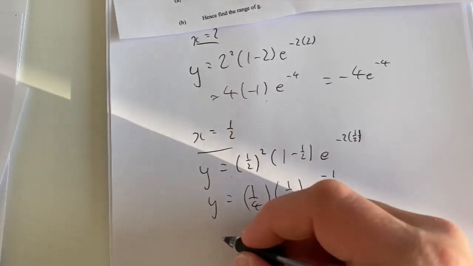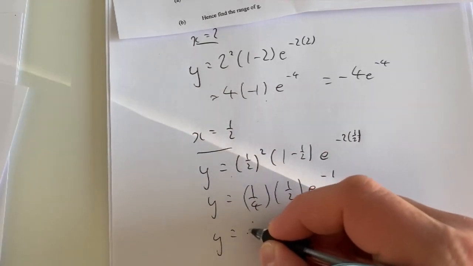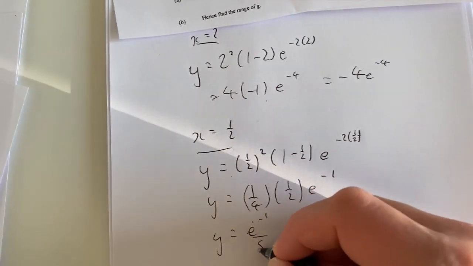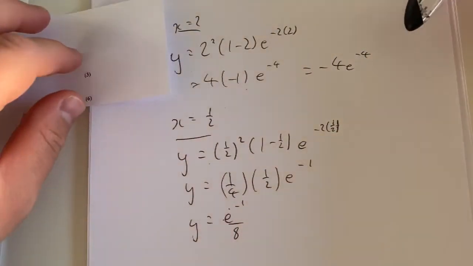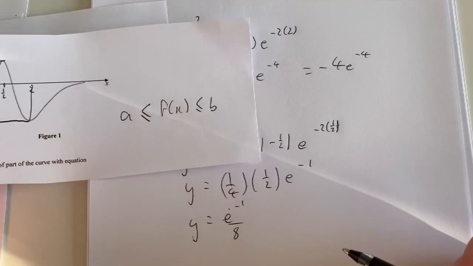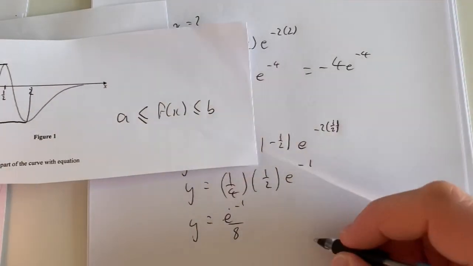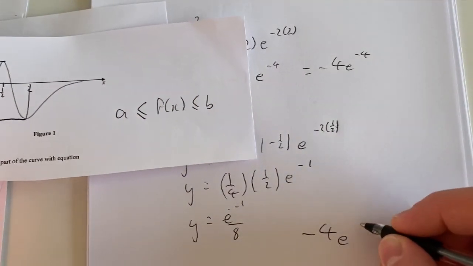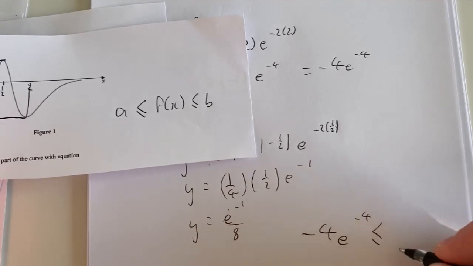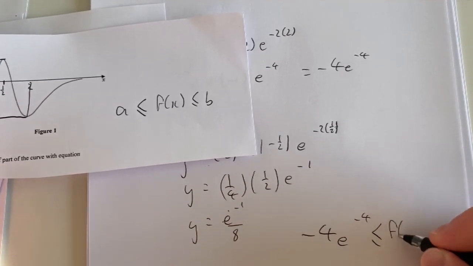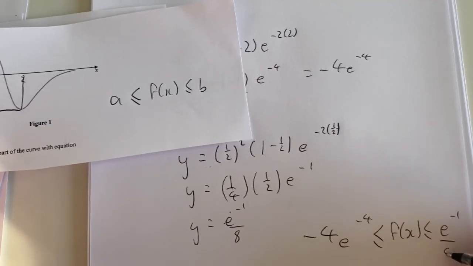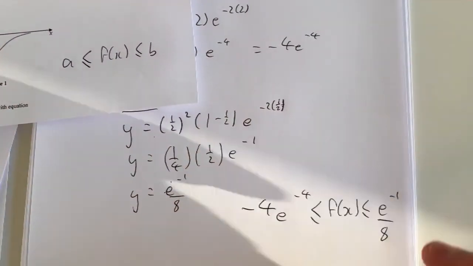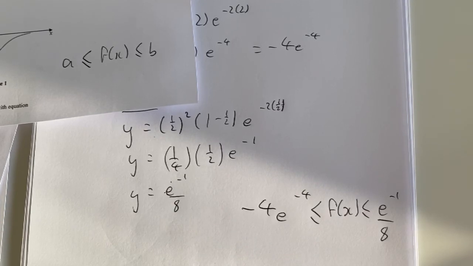So 1/8 of e to the minus 1. So that gives us our range. So the lowest value is this negative number here, minus 4e to the minus 4. It's less than or equal to f of x, which is less than or equal to e to the minus 1 over 8.